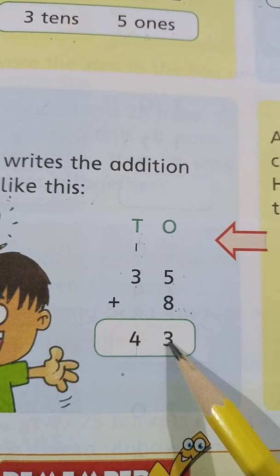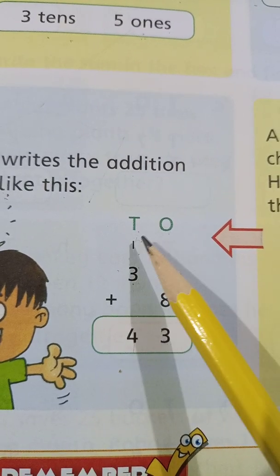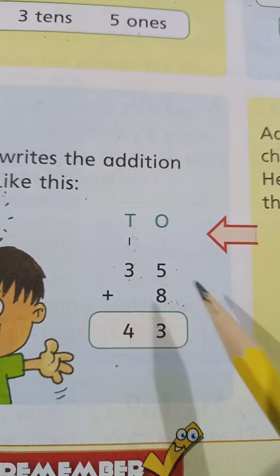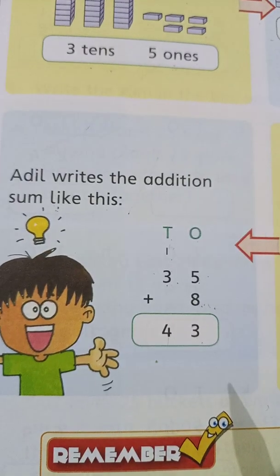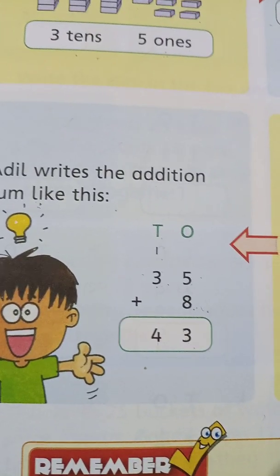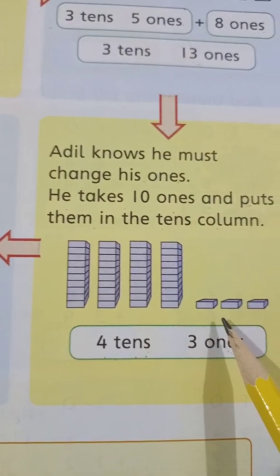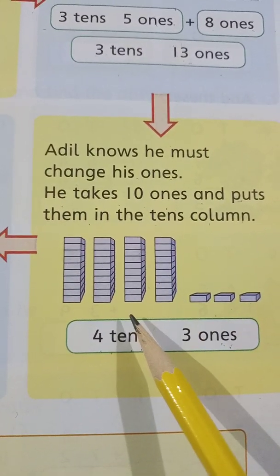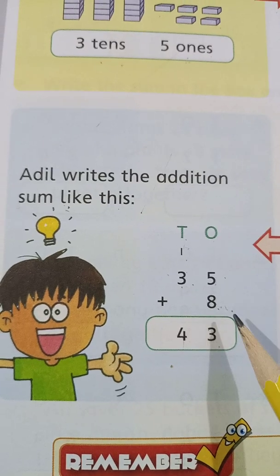He will write 3 into the ones and will add one more ten into the tens column, so it will be 43. So Adil has solved his question of adding ones into the remaining ones, and he has written the question in this addition sum like this.